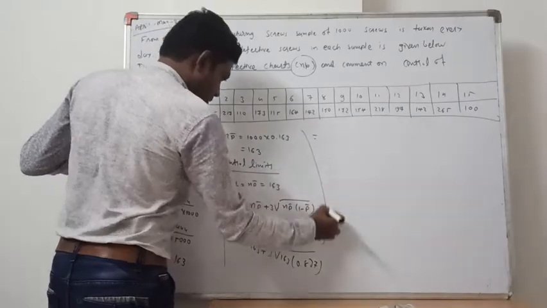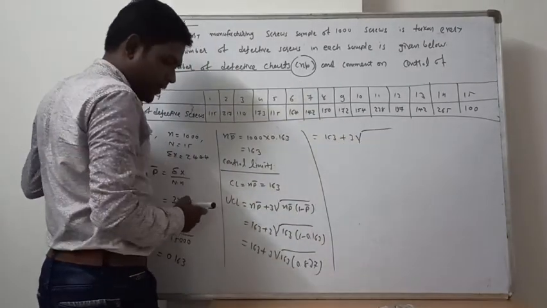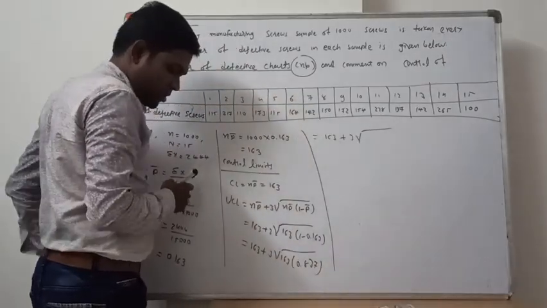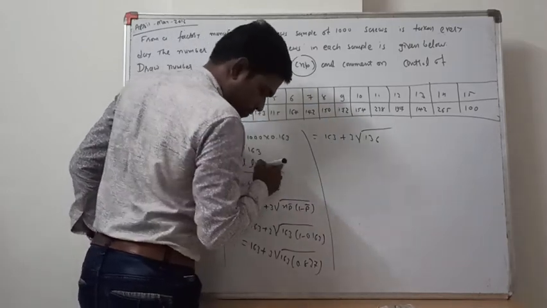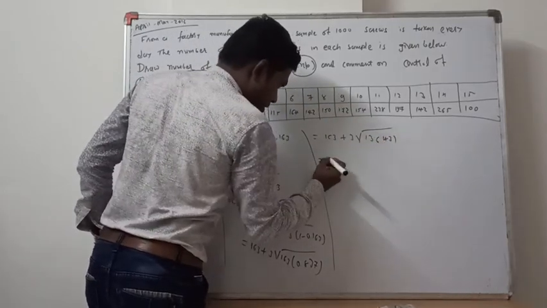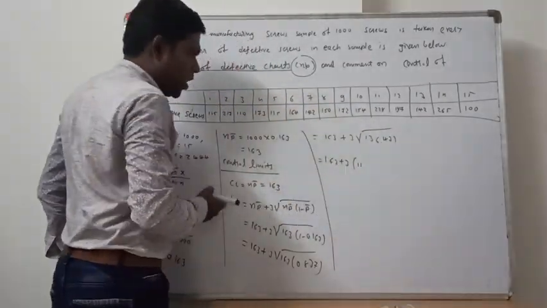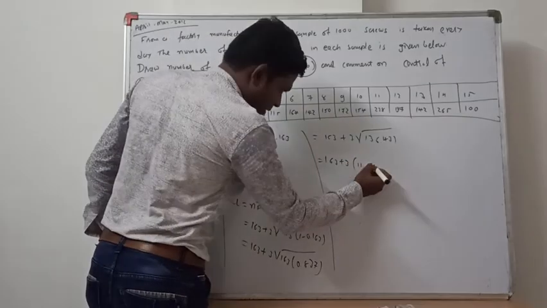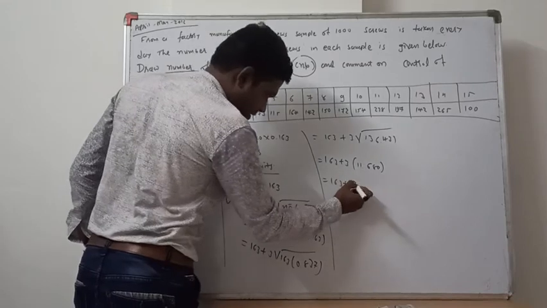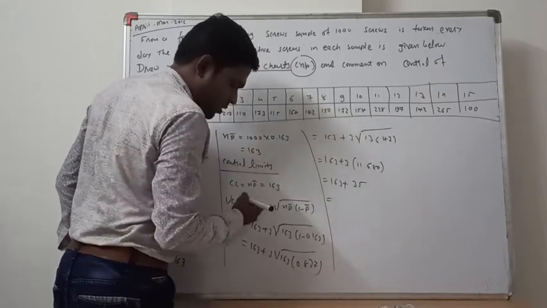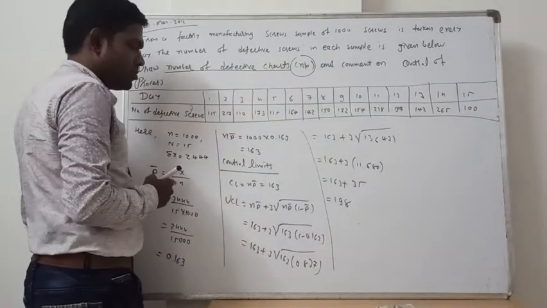Now over here, 163 plus 3 square root of the multiplication of this, which is 136.431. 163 plus 3 into the square root of this, which is 11.680. Now 163 plus this multiplication is 35. Now the total of this is 198. So this is the answer of UCL.